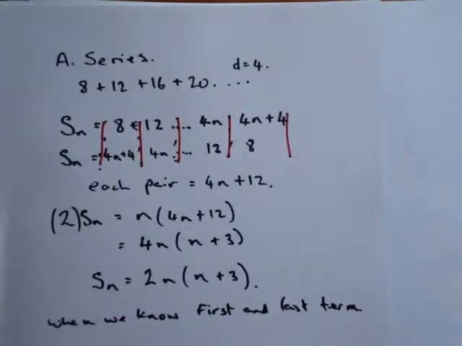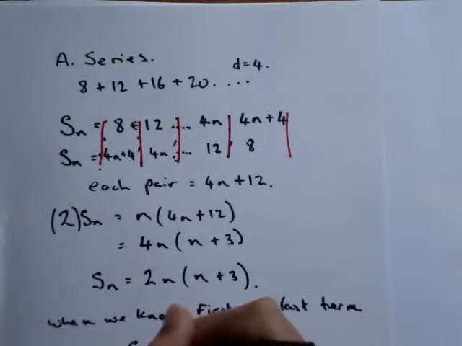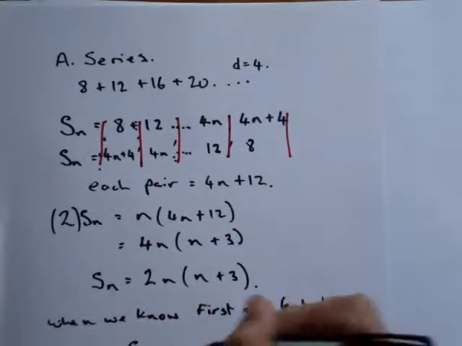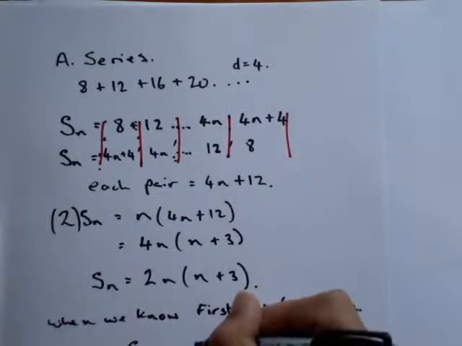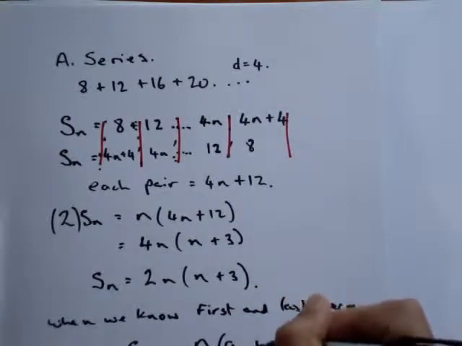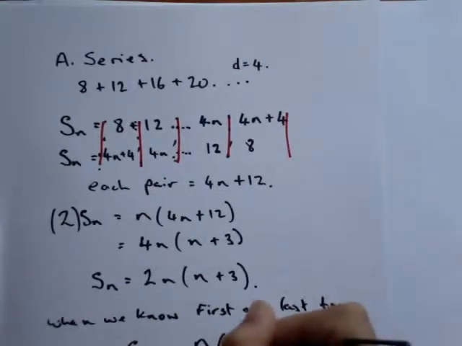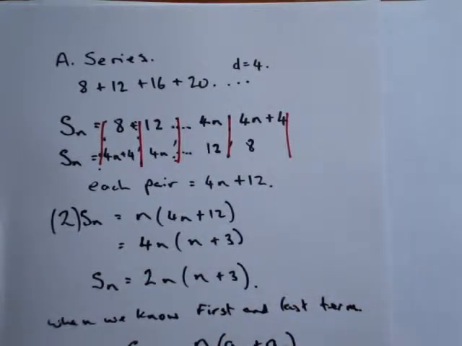When we know the first term and the last term, the sum of terms, s sub n, equals n, the first term plus the last term, over 2.